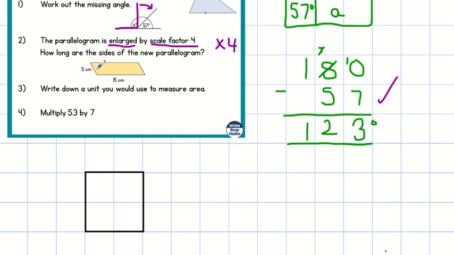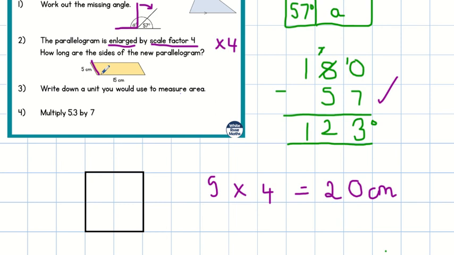So that means I'd have to multiply each side by 4. Now I know 5 times 4 is, well done, 20. So the side of my new parallelogram here would be 20 centimetres.